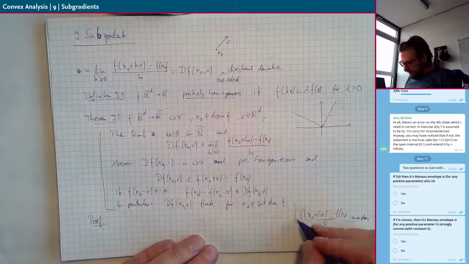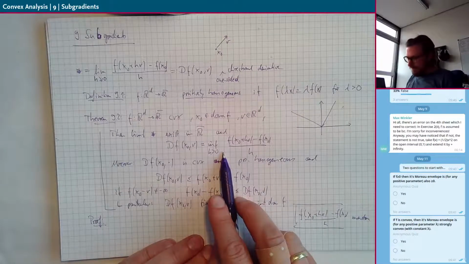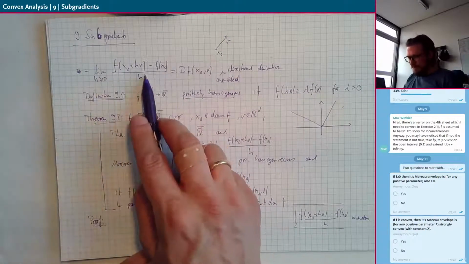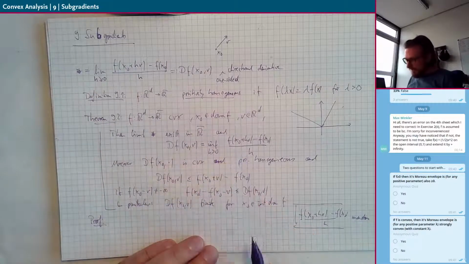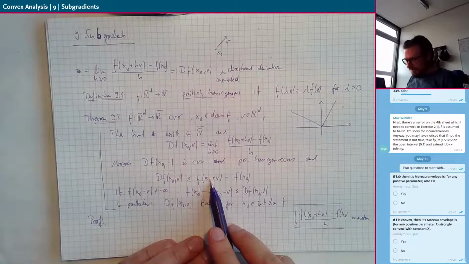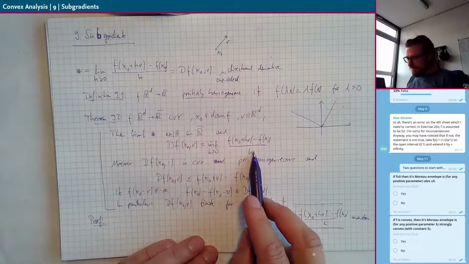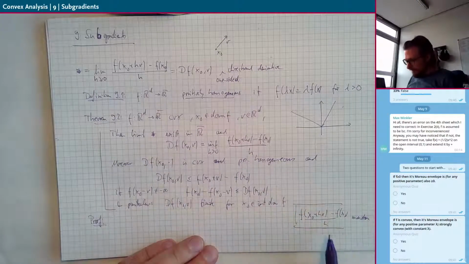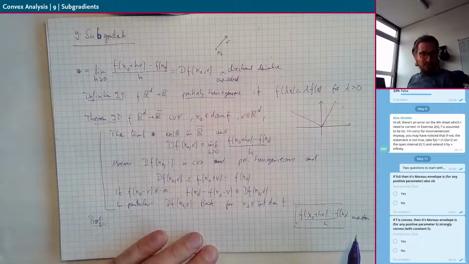This is what we want to show, because if you have that, then this is clear, because this is then decreasing if h decreases, and then the limit is the infimum, and also this then follows from that, because taking h equals 1 here is of course an upper bound for the infimum. So this monotonicity property of the difference quotient tells us basically everything we need.